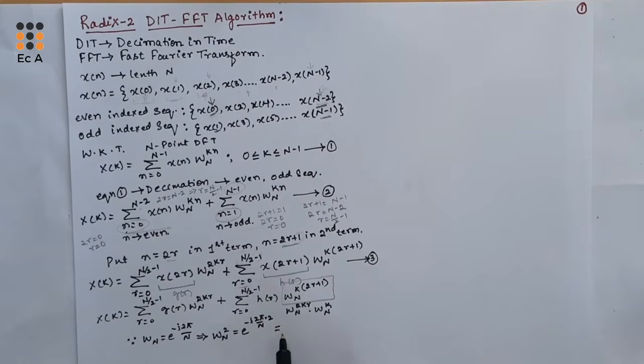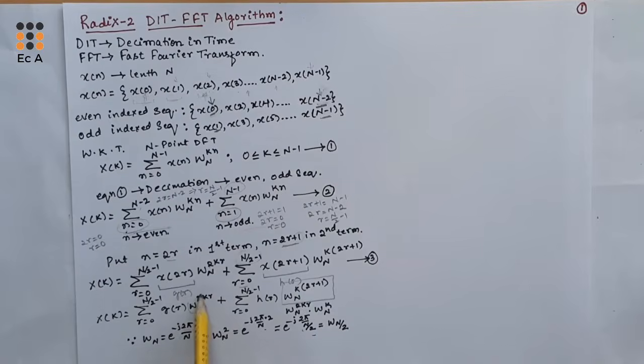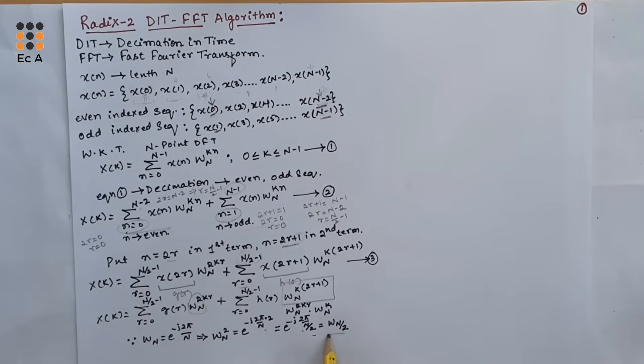So, this term we can write as e to the power of minus j 2 pi by N by 2. This is nothing but W_N by 2, since in place of N we are having N by 2. So, that is why in the above equation W_N to the power of 2 can be written as W_N by 2.